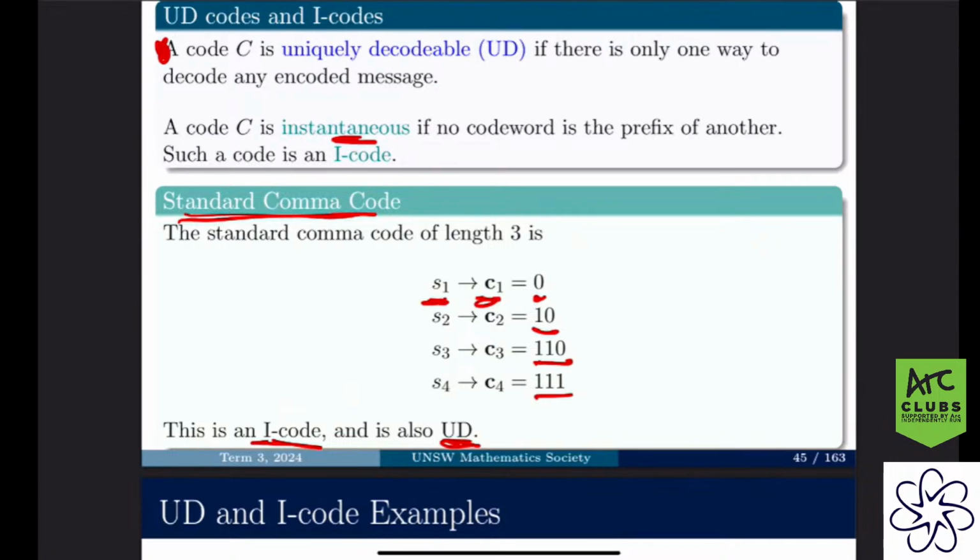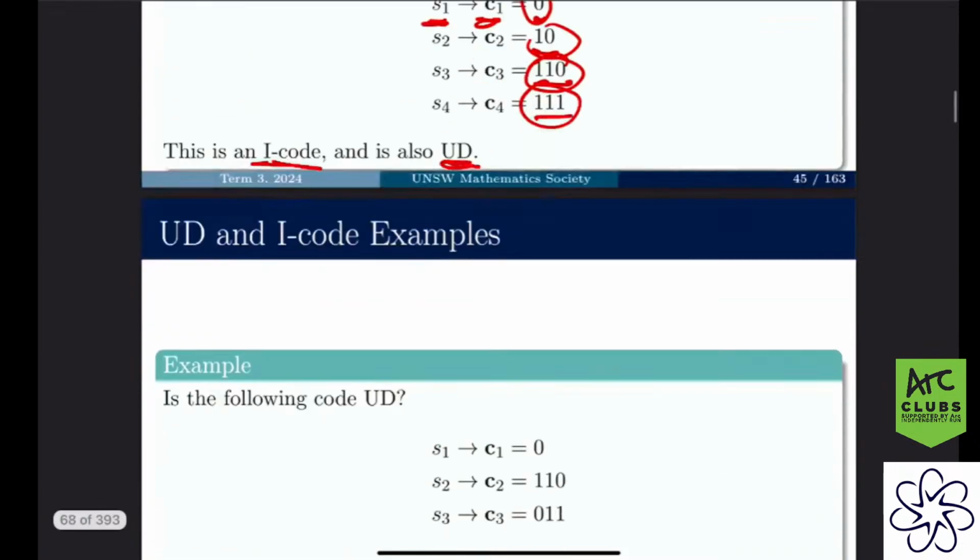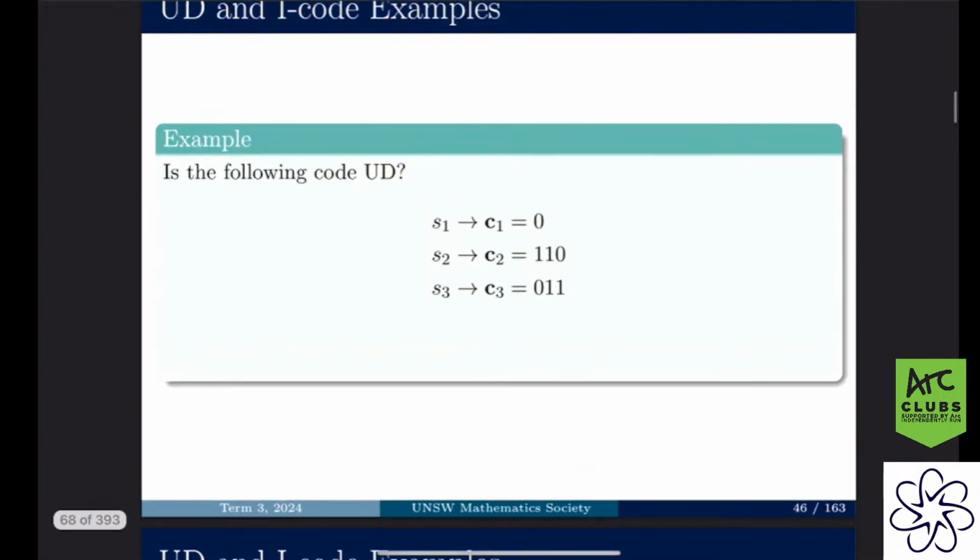It's our prototypical example of an instantaneous, uniquely decodable code. The way that we can tell that this is instantaneous is that no code word is a prefix of another. So 0 is not a prefix of 10, is not a prefix of 110, is not a prefix of 111.